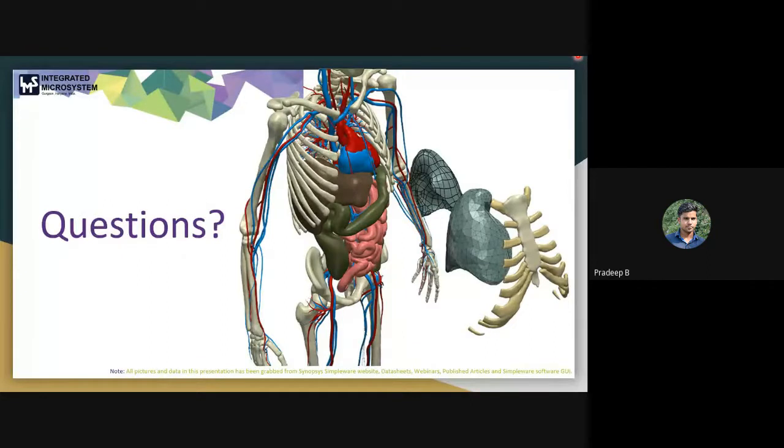So in tomorrow's session, we will see how to create a 3D model from MRI or CT or any other modality images.